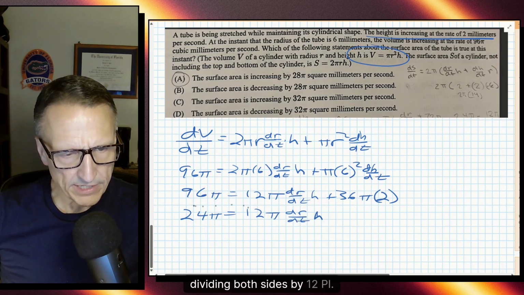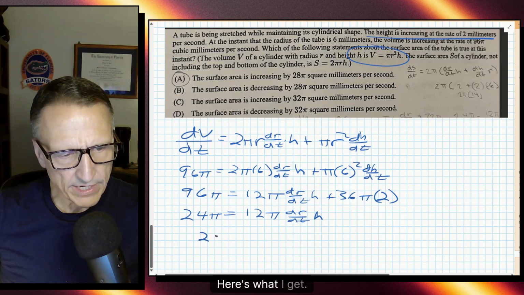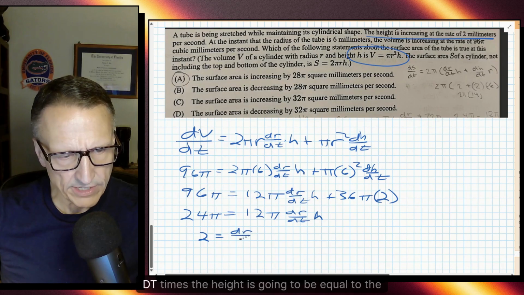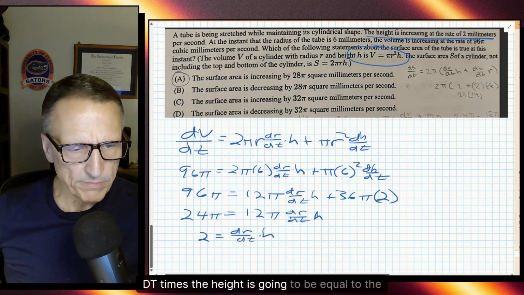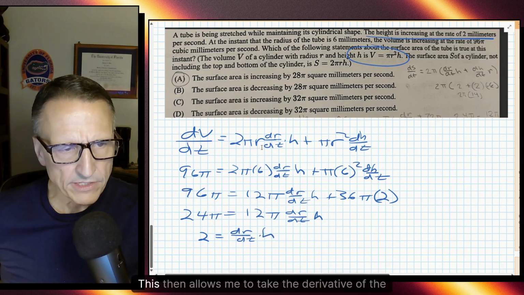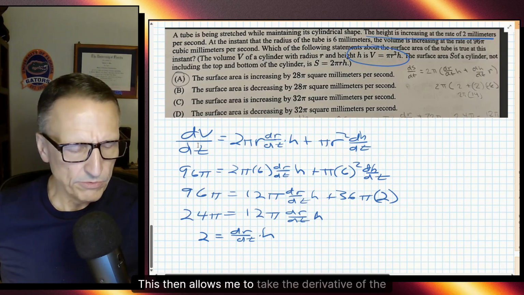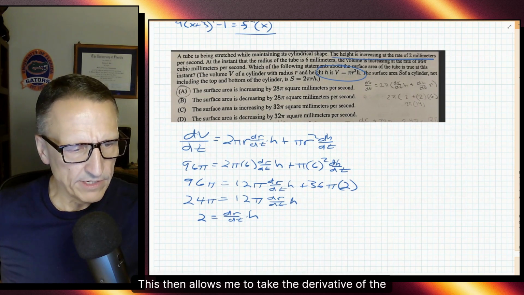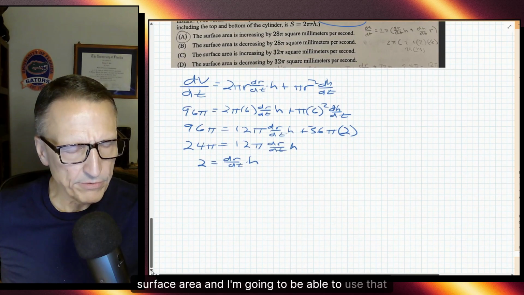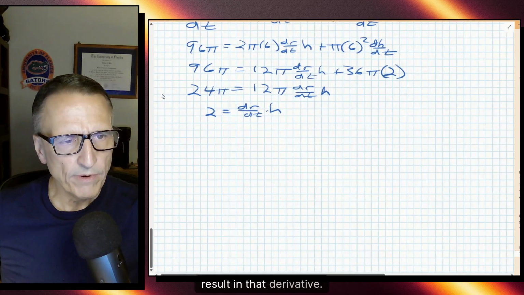Dividing both sides by 12 pi, here's what I get. I get the relationship that dr/dt times the height is going to be equal to the number 2. This then allows me to take the derivative of the surface area, and I'm going to be able to use that result in that derivative.